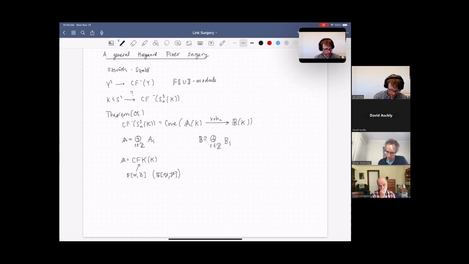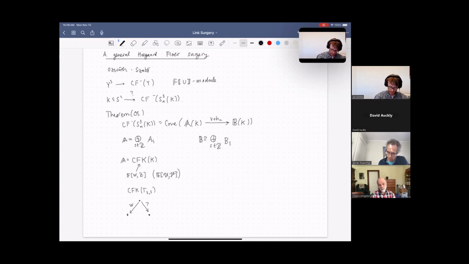As an example, if you're not super familiar with these gadgets, CFK of the trefoil has three generators and two differentials, and the differential looks like this.